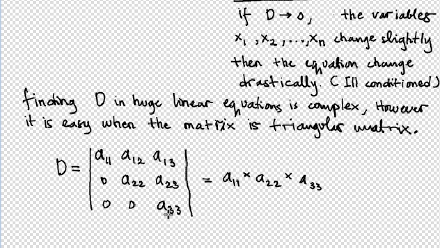If you have a triangular matrix, then the determinant is simply the multiplication of the diagonal, like this. So if you have a huge linear equation or huge matrix, you change it into an upper triangular or lower triangular matrix, and then you just calculate the diagonal elements, then you will have the determinant.